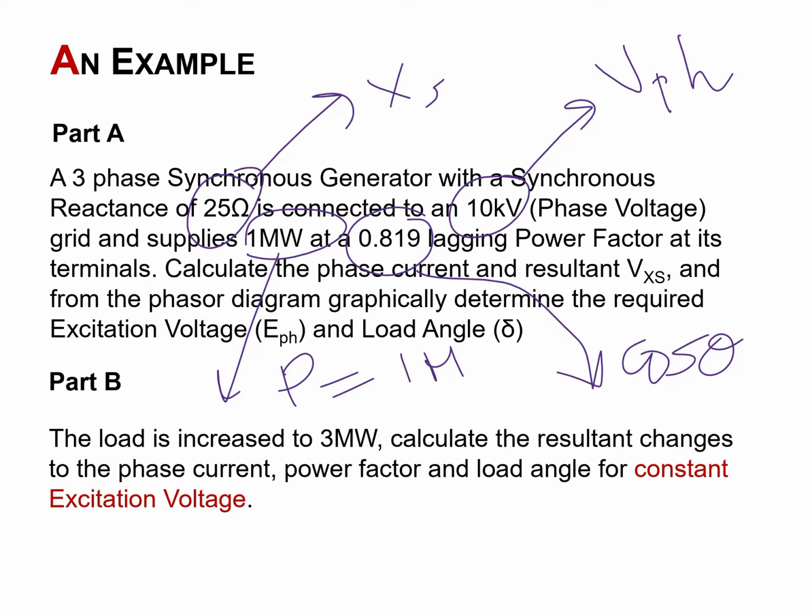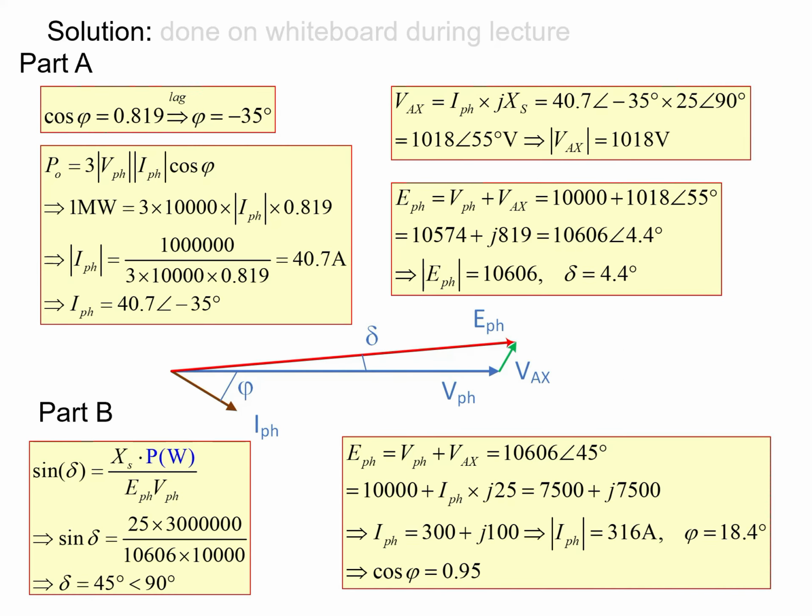We need to calculate the phase current. So in order to calculate the phase current, we need to make use of the information we have. So we have the power factor, and we have the phase voltage. So this is the lagging power factor. We know from the equation of the real power, it is equal to 3 times the magnitude of the phase voltage, the phase current, and the power factor.